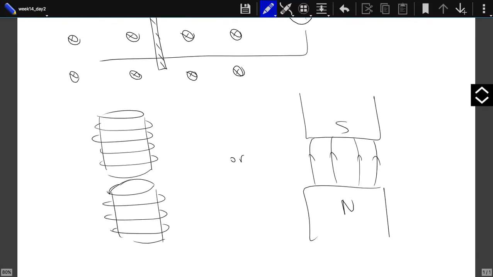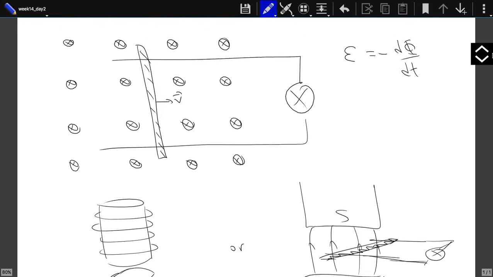So let's say that you put your circuit in this system. This is our circuit. This is the rod. And instead of moving the rod, you just move your magnets or solenoids.